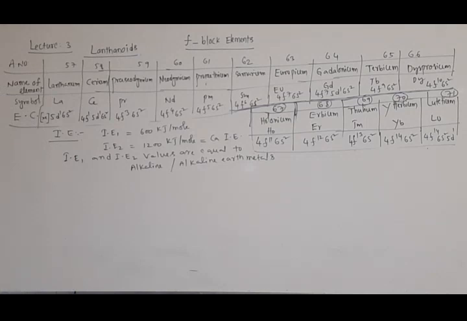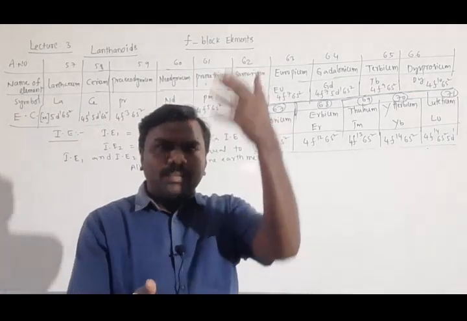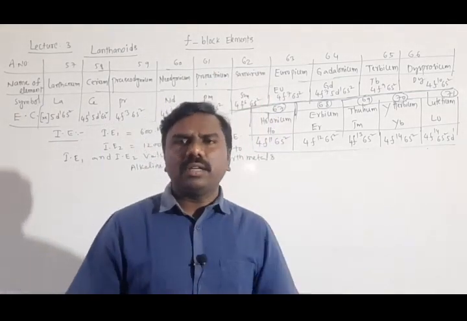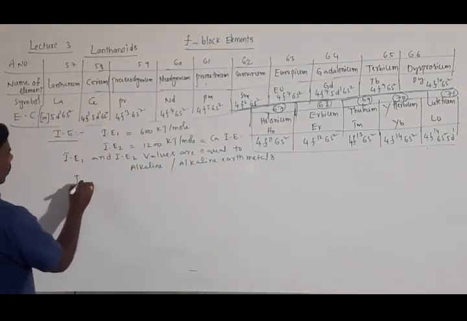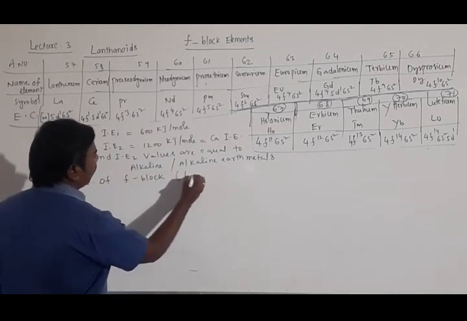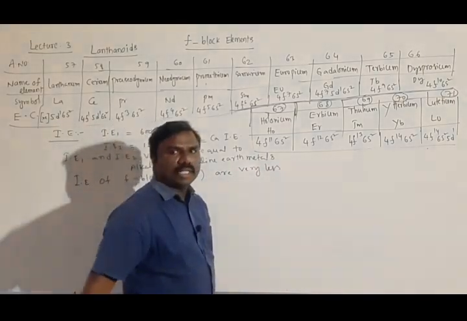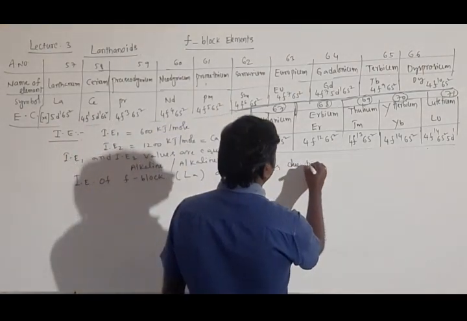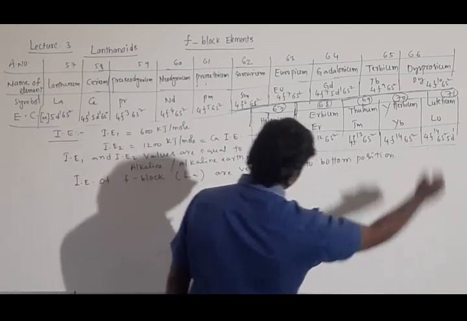Next, especially if you observe, these are present at the bottom of the periodic table. From top to bottom size increases, so the least energy is sufficient to remove an electron. That's why the ionization enthalpy of F block elements, the lanthanoids we are studying, is very low compared with other elements. Due to the bottom position, size increases.